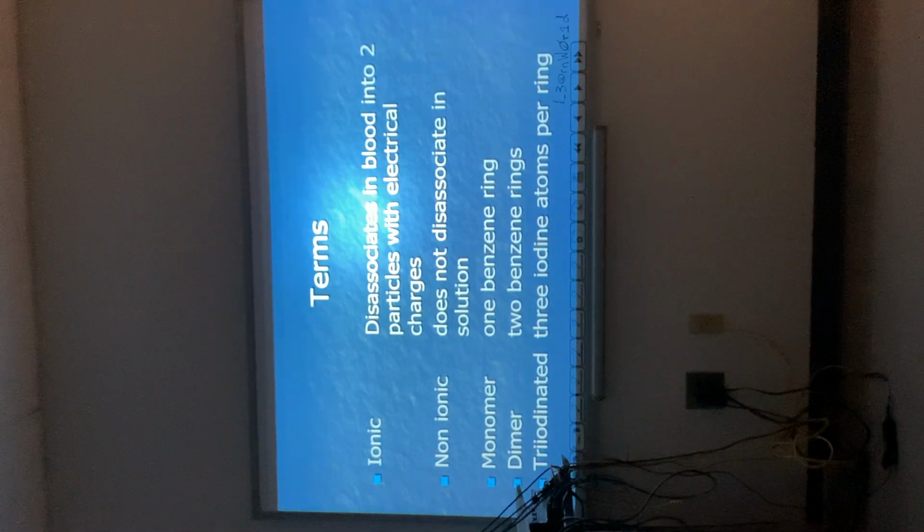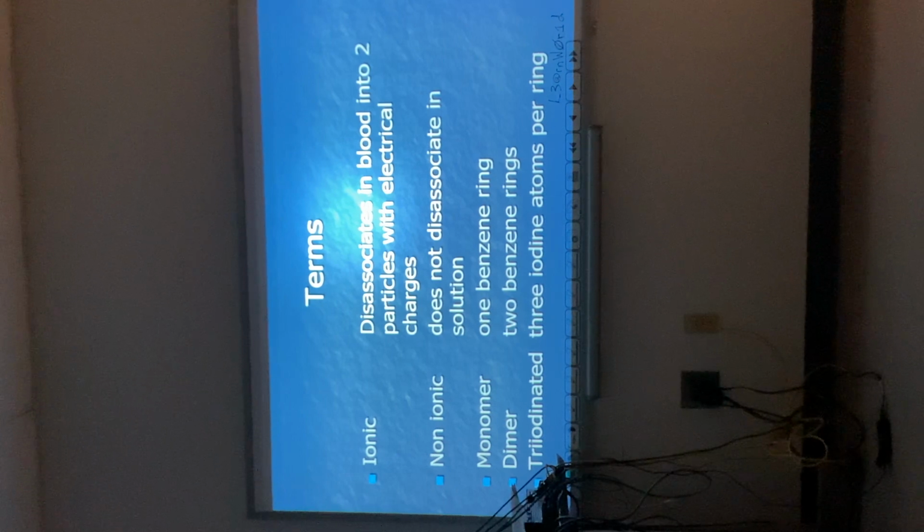So when we look at the breakdown of how these molecules appear in the composition of the contrast, we can see a few differences. With ionic, they are going to dissociate in the blood into two particles. Non-ionic does not dissociate in solution.